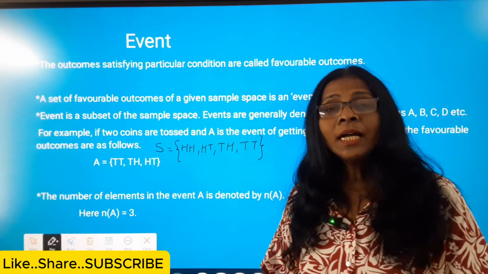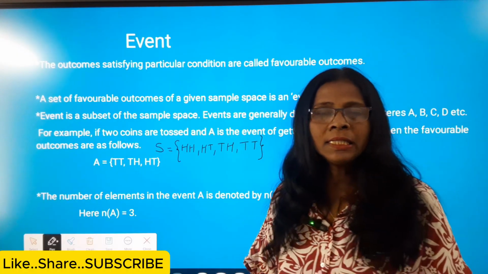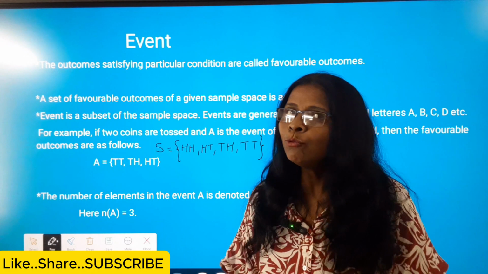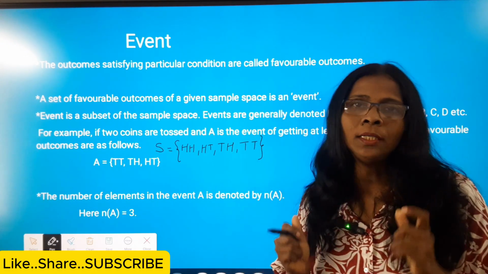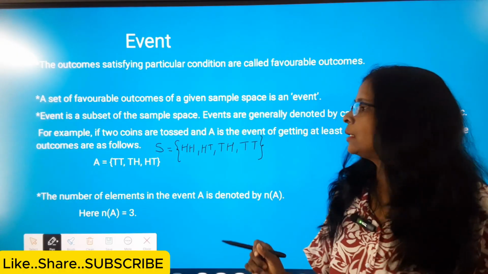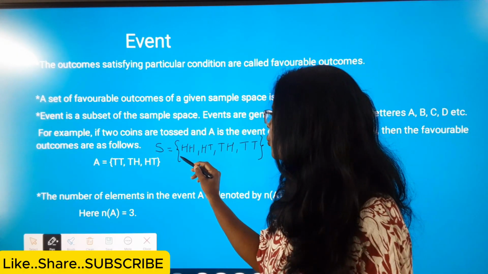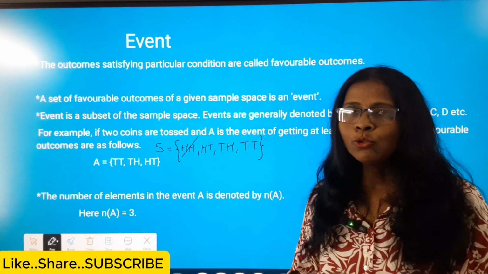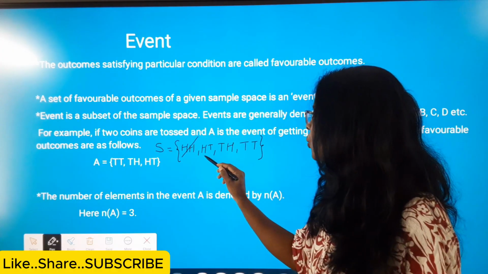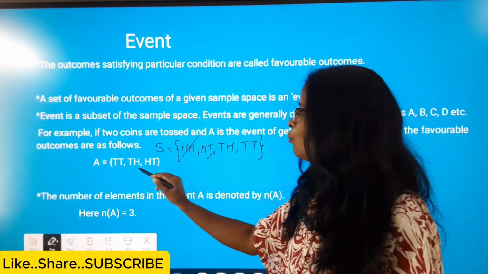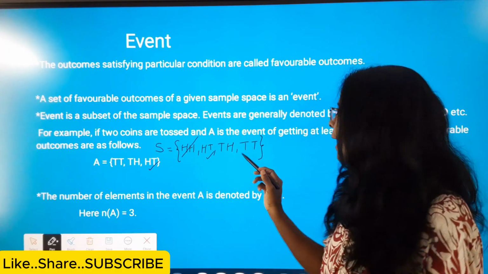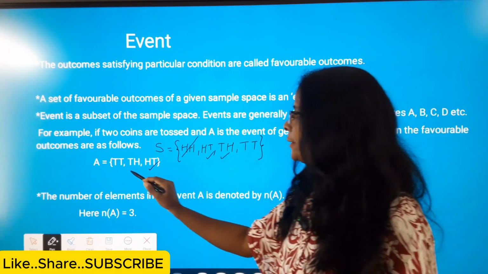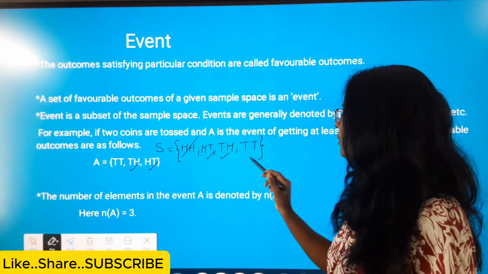Now the event says the favorable outcomes must contain at least one tail. In HH there is no tail, so we neglect it. HT, yes, there is a tail, so we take it in this event A. Then TH, yes, take it.